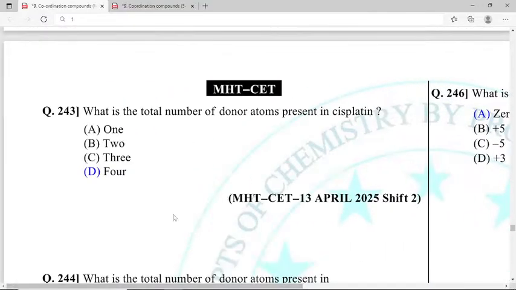What is the total number of donor atoms present in cisplatin? Total number of donor atoms is the coordination number. So the coordination number is 4.